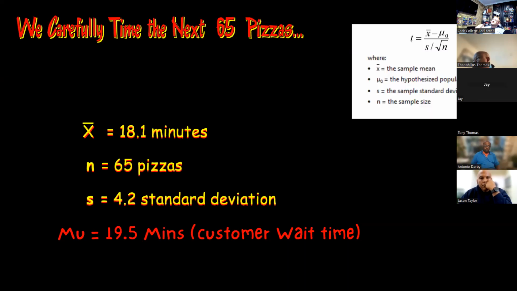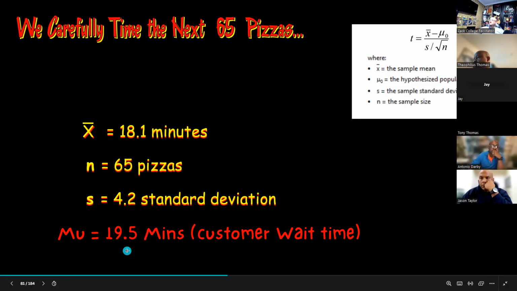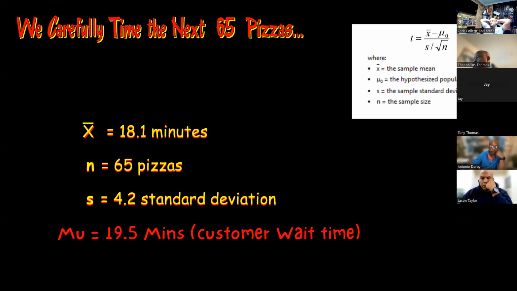So we carefully time the next 65 pizzas. And I have it set up here and I added that customer's wait time. What I want you guys to do in this activity is solve for T, right? And find out where that value is.